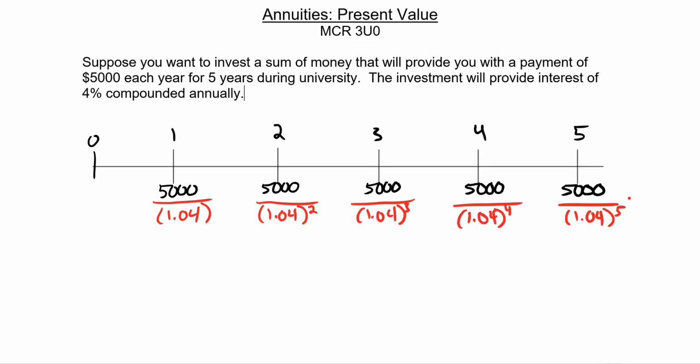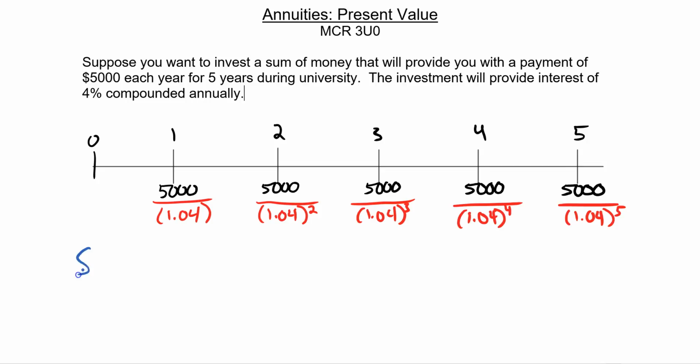So if you take a look at this again, it's again going to form a geometric series. Now the difference here from the last lesson, we did have a first term of r in our geometric series, but that's not the case because if you take a look at all of these payments, none of them are actually worth only $5,000 in the present.